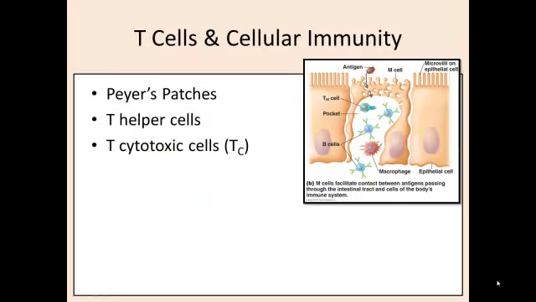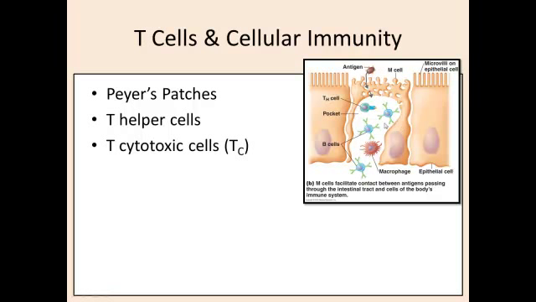Now let's talk about T cells and cellular immunity. Up to this point, I've said the B cells and T cells hang out in lymph nodes. They also hang out in other lymphoid tissue, one of which is the Peyer's patches that are in the intestines. They're areas where you have this M cell. It's kind of a funky looking cell, but it pulls in little bits of stuff as it goes past through the intestines.